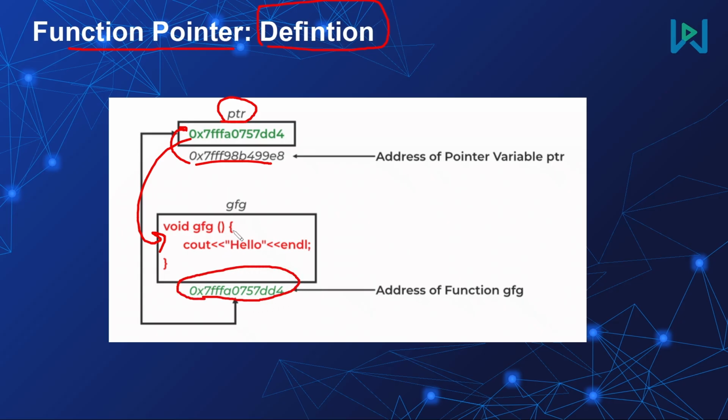We can directly invoke this function within our C code, or we can use a pointer to indirectly invoke this function. To make our pointer point to this function, we will need to initialize the content of the pointer address with the function address itself.